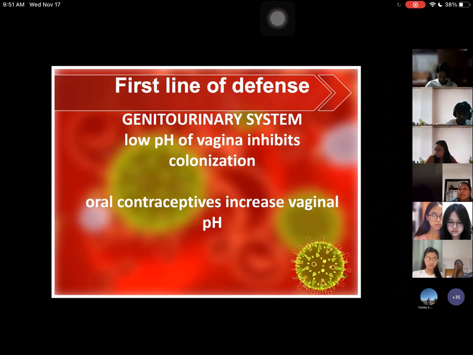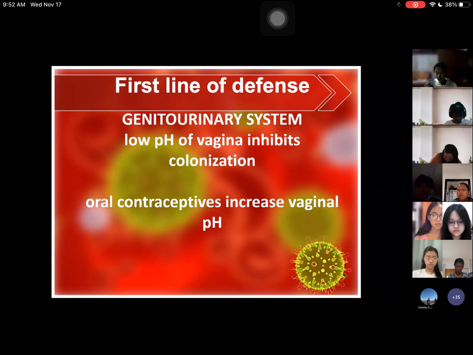And what we need is a low pH of the vagina, which is acidic, for us to inhibit colonization or invasion of pathogens or microorganisms. We always need the vagina, for the females, the reproductive tract, to be acidic to inhibit the growth of microorganisms.